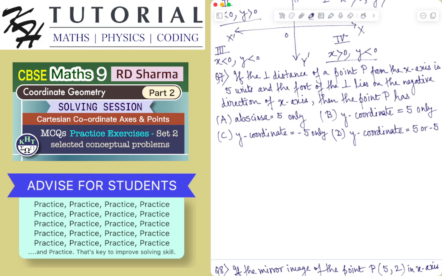For a particular perpendicular distance, let's say this is the x-axis, this is the y-axis, Y, X dash, the origin, X, Y dash. So the point P is at a perpendicular distance of 5 units from the x-axis.